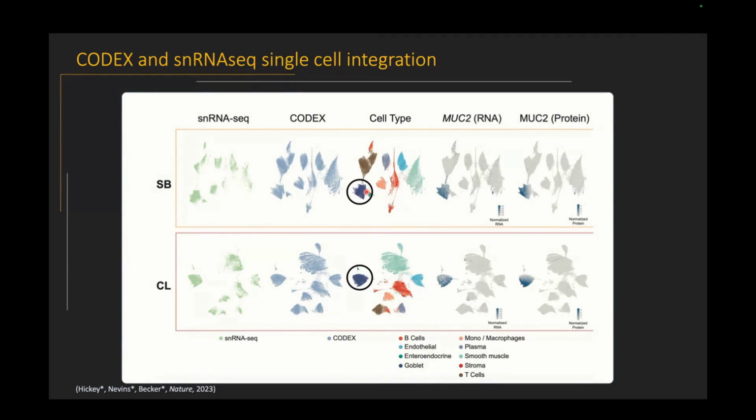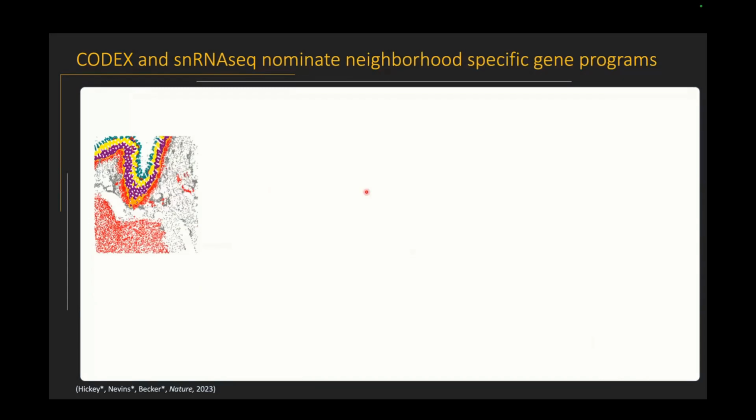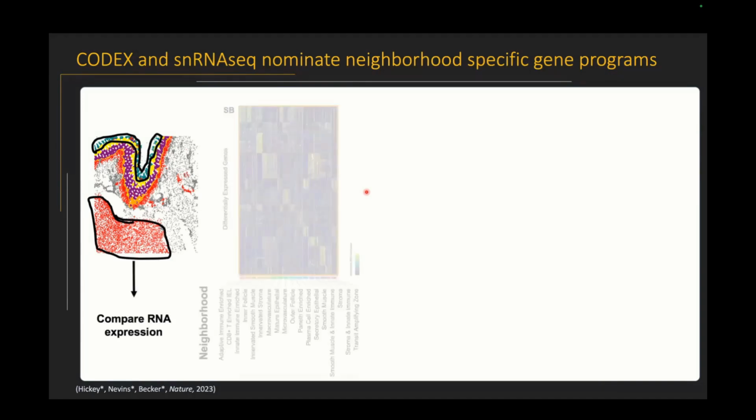So with this merged linked data, we thought, what can we do that we can't do separately in a single-cell RNA-seq or a single-cell ATAC analysis? We have these different neighborhoods from the intestinal data set. Why not take these neighborhood labels and understand gene expression differences between the different neighborhoods? So we took the cells from these different neighborhoods and did exactly that.